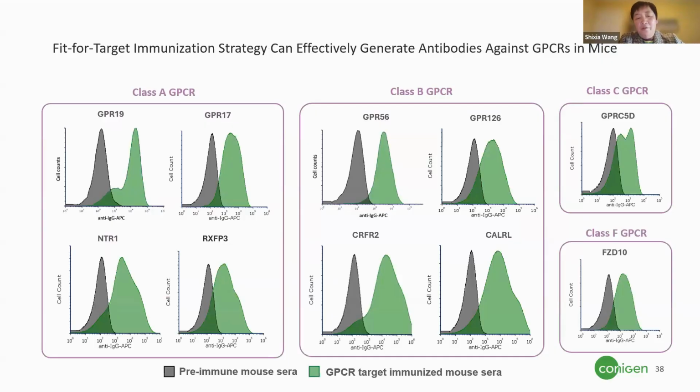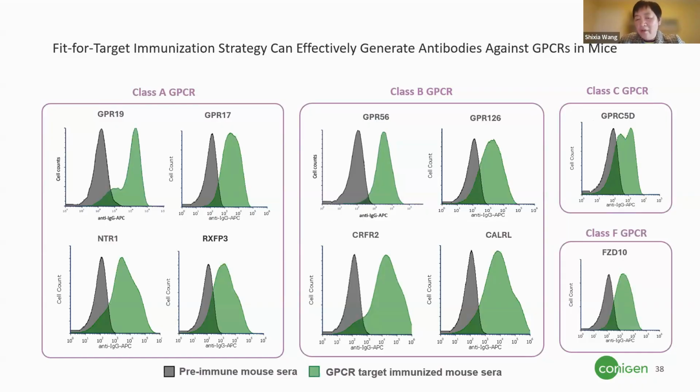Here, I'll just show you a few examples of the GPCR specific antibody responses in mice against a different variety of GPCRs, class A, B, and C and F. If you look at the histogram, the GPCR specific antibodies in the mouse serum are very potent to bind these targets.